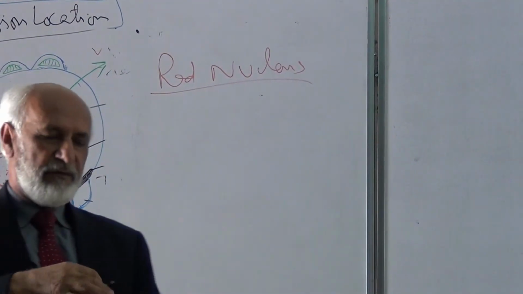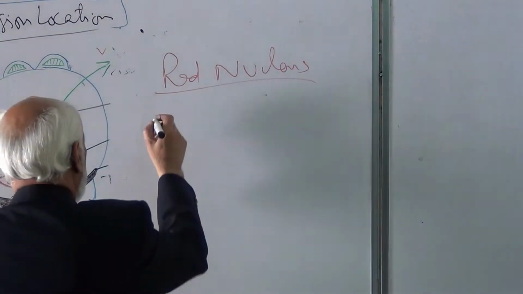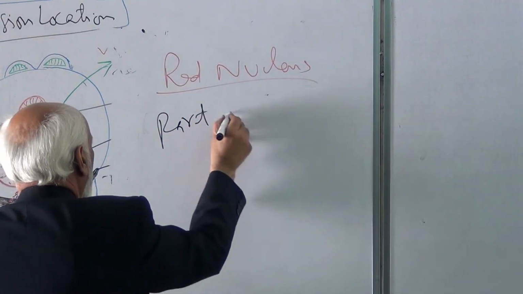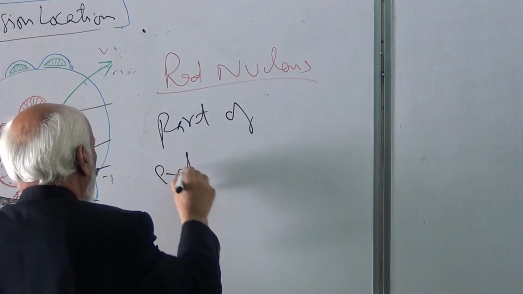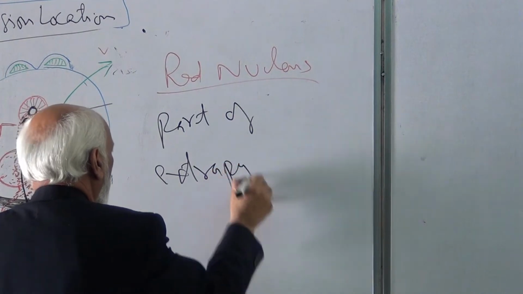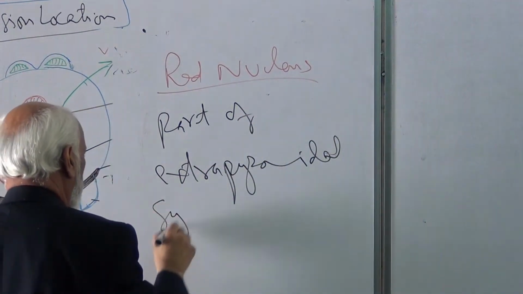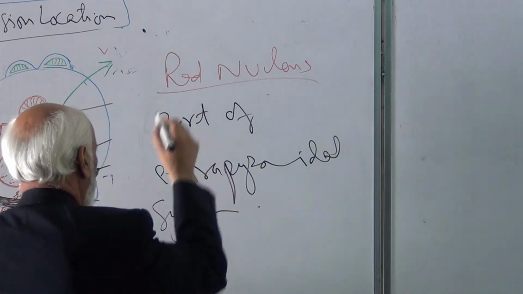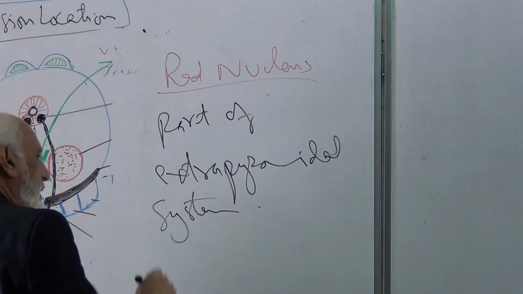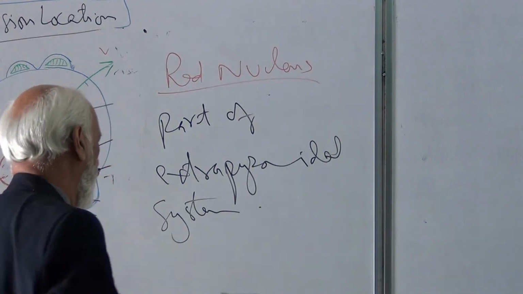The red nucleus is a part of the extrapyramidal system of the body.